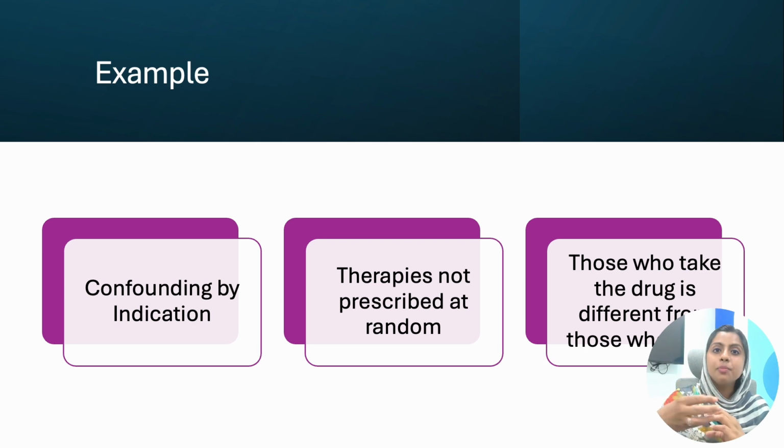If they are taking the drug, probably they have a disease requiring that drug, and the other people probably don't have the disease, or the severity of disease is different in these two groups, which means these two groups are not just different in terms of the exposure, which is the drug. They probably have a confounding factor, which is unequally distributed between the two groups. So this is what is meant by confounding by indication. So these are the examples for confounding.